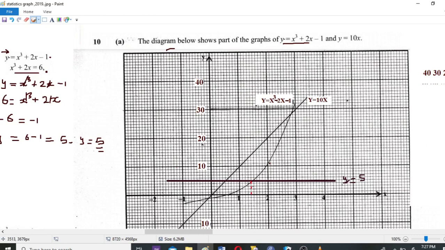Okay, so in the x-axis, remember, this is 2 centimeters for 1 unit.